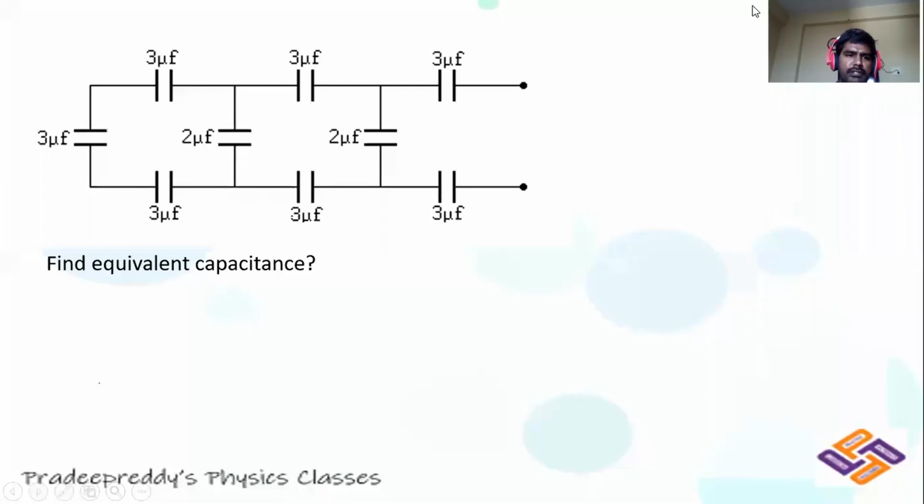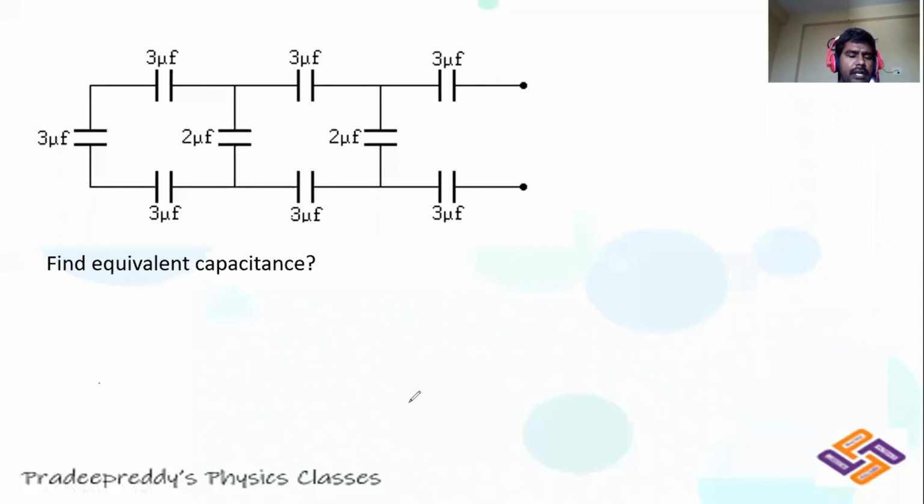Coming to the next question, we have a combination of capacitors being given, and in this combination you should find out equivalent capacitance. Now, in order to solve these kind of problems, in this circuit you are able to identify which are connected in parallel and which are connected in series.